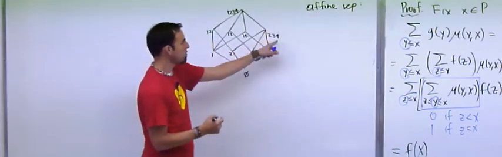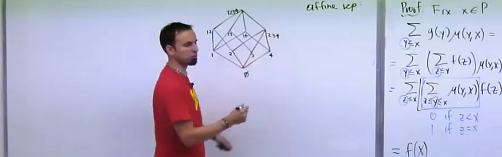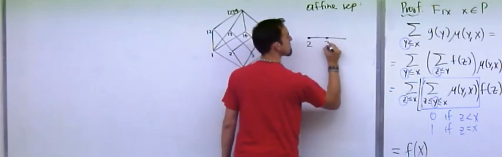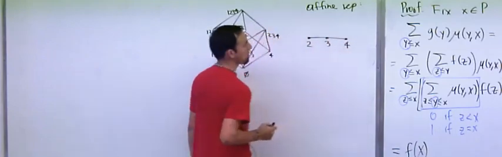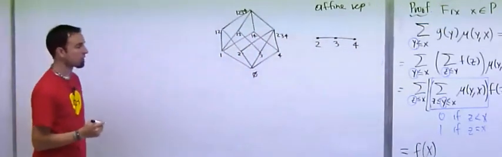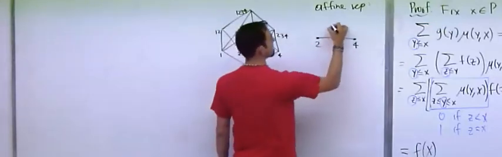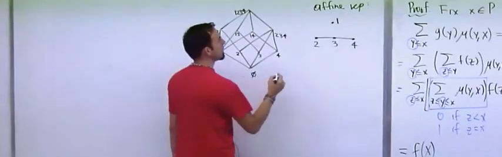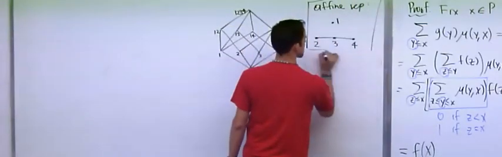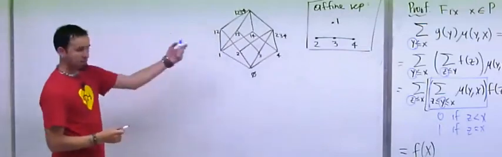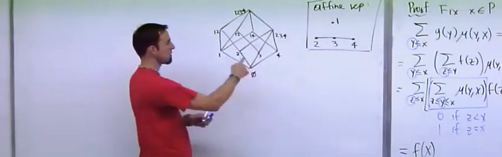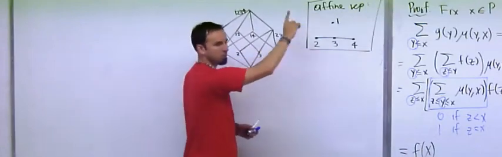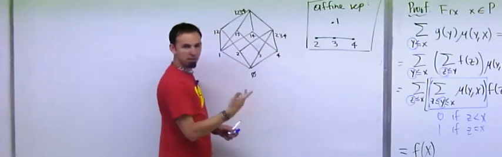So basically, what I'm saying is that 2, 3, and 4 are a flat of rank 2. So that means that 2, 3, and 4 are 3 points on a line. So they are dependent. And then 1 is here. The flats that you see in this picture, if you want to get the flats here, what you have to see is what are the lines, planes, etc. that you can draw.